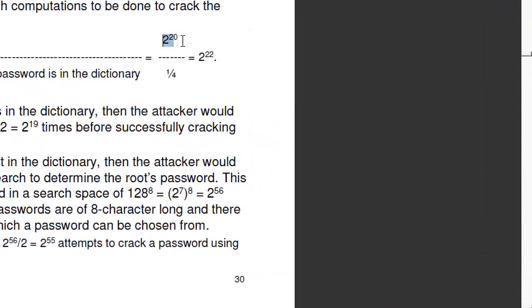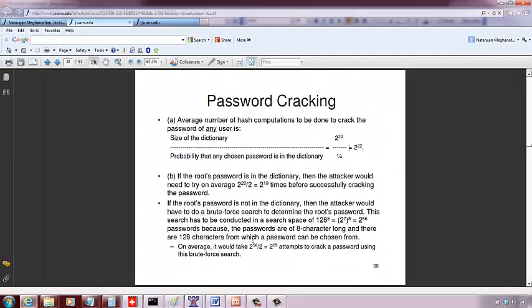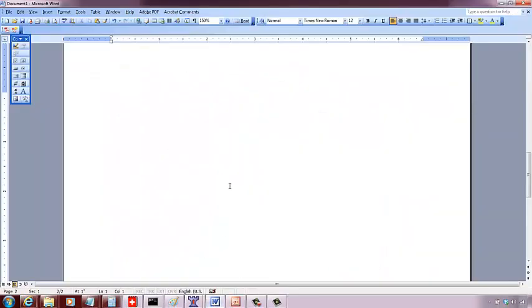So this is the size of the dictionary, 2 to the power 20, divided by 1/4. And 1/4 is 1 over 2 square, right?